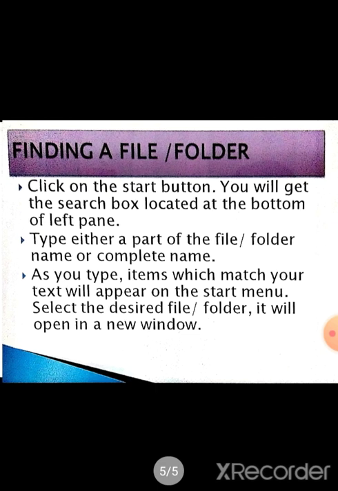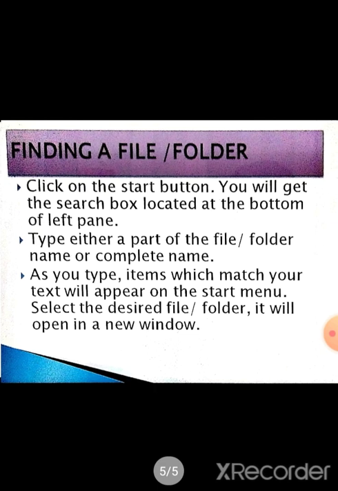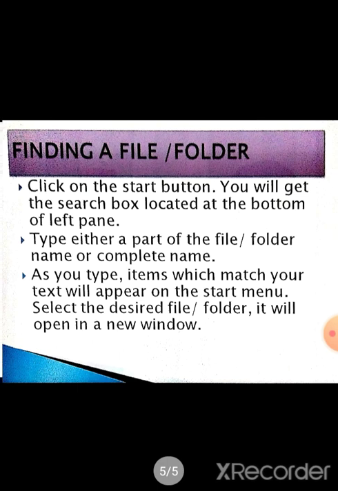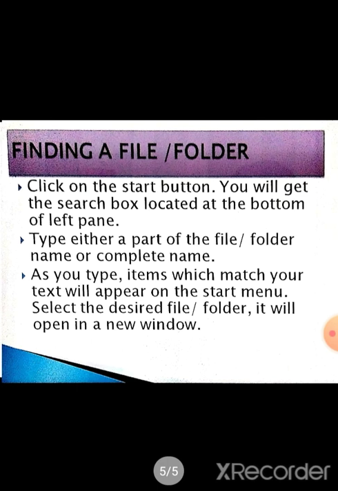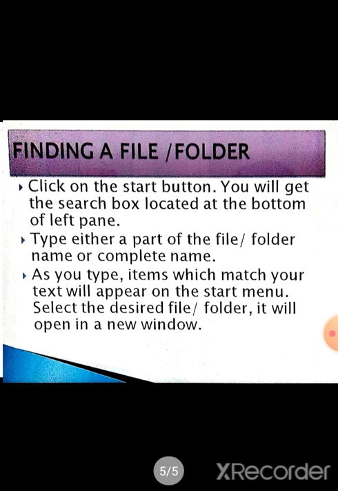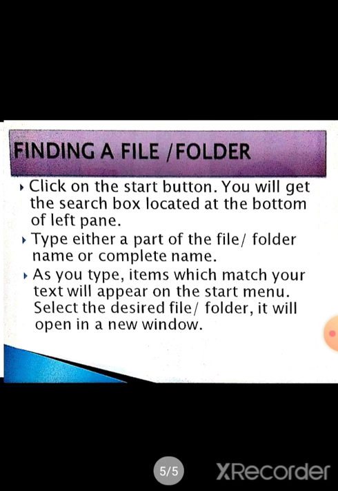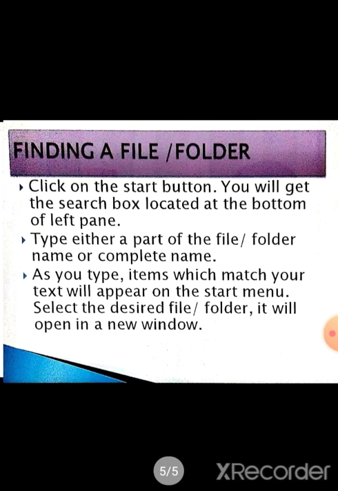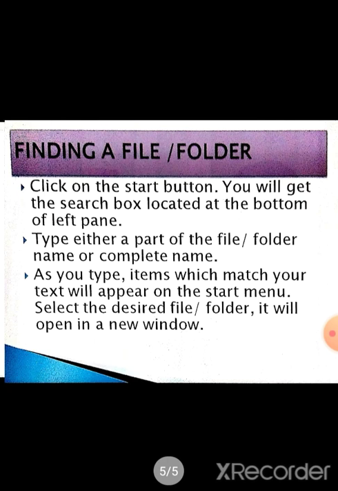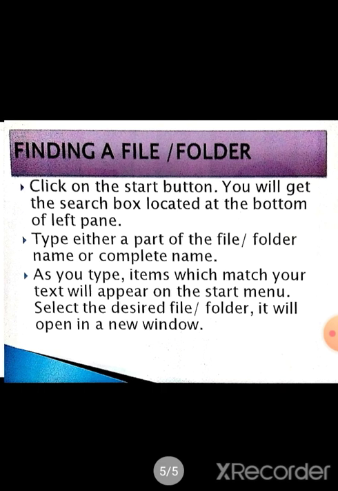You can also type a word or any sentence or phrase that is present in the file. As you type, the items that match your content or text appear on the start menu. Select the desired file or folder. It will open in a new window.